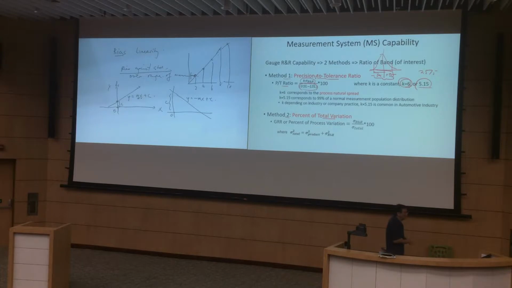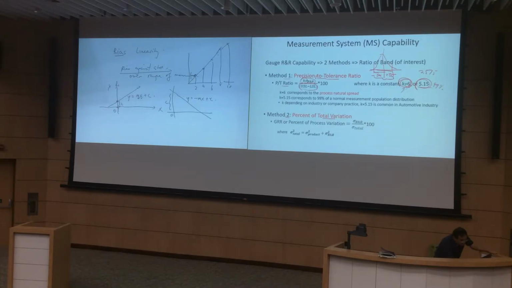So when you use this number, P/T, you need to specify which K you are using, because 5.15 and 6 multiplied make a slight difference. Okay? Typically, people use 6 these days, but there are still people using the traditional legacy 5.15. Right? Okay? So this is 99%.